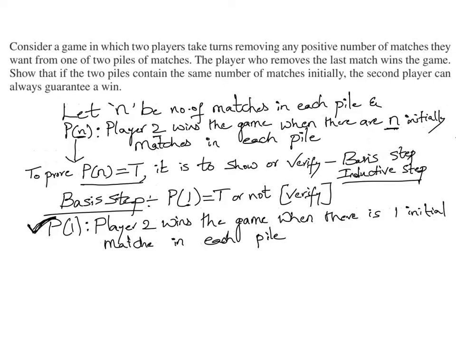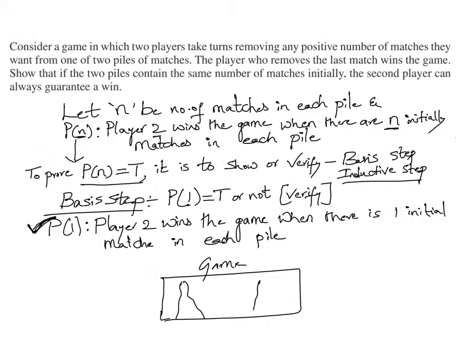So how am I going to verify? Let us take the game and two piles. In each pile, how many matches are there? Only one match. I am writing match as a rectangle box. This is pile 1, this is pile 2.